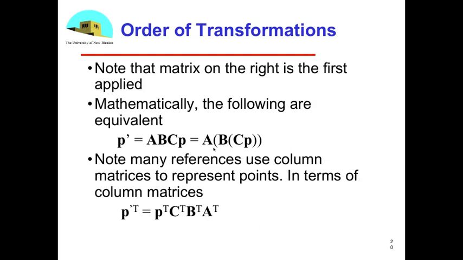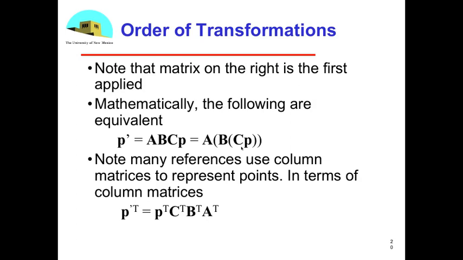Generally what this means is, if this was in a program, you would define A first, then B, and then C. So the little rule is that the last matrix specified is actually the first that's applied.